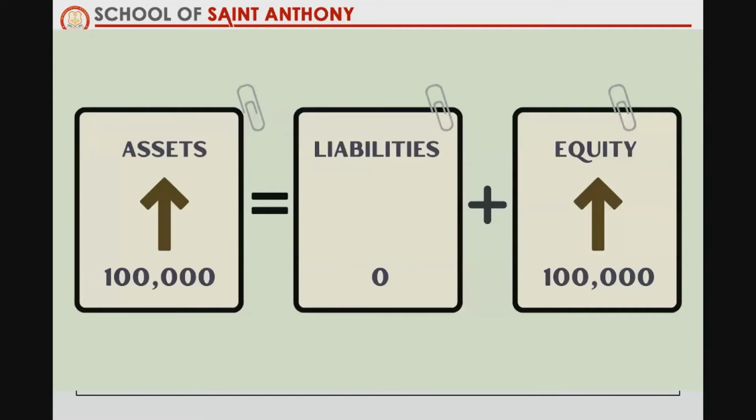So this is the accounting equation for the said business transaction. We have an increase in asset amounting to 100,000 and an increase in equity amounting to 100,000. Our liabilities are not affected in this business transaction. It is zero, so our accounting equation is balanced. Our assets equals our liabilities plus equity.